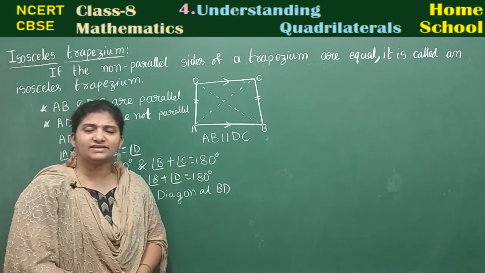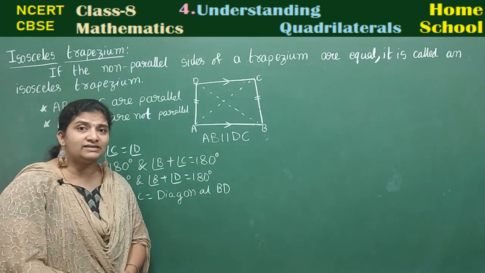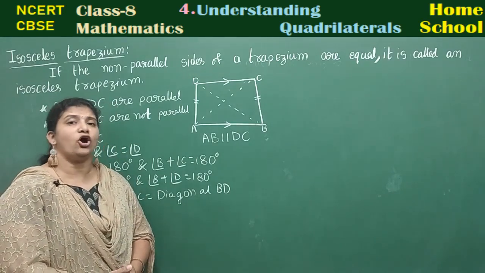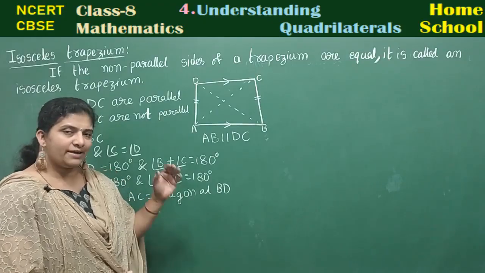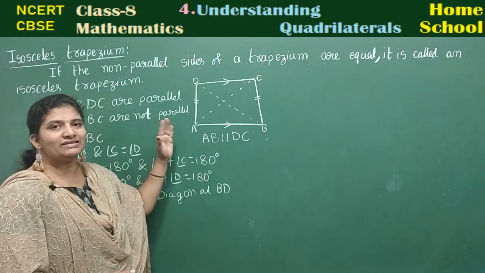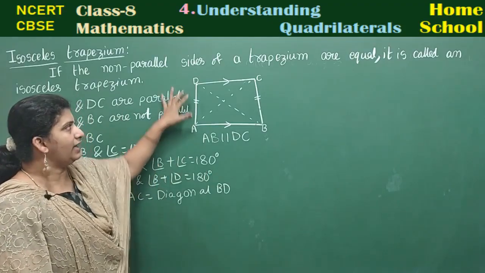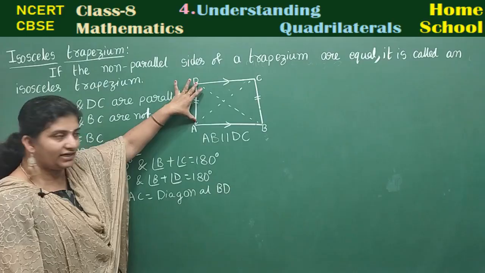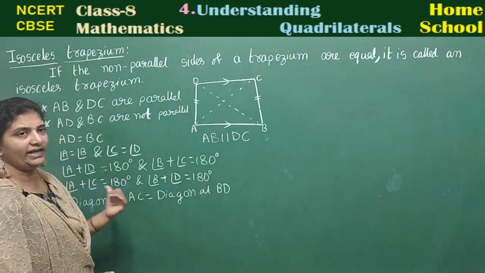And what we have seen in the trapezium, the consecutive angle sum created by the non-parallel sides is equal to 180 degrees. The same point is applicable for the isosceles trapezium also. That is, consecutive angles of a non-parallel side: angle A plus angle D is equal to 180 degrees, angle B plus angle C is equal to 180 degrees.